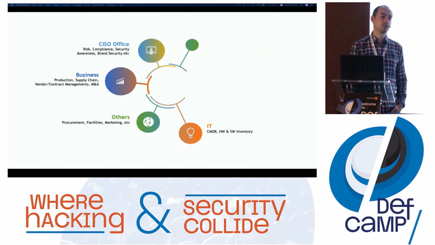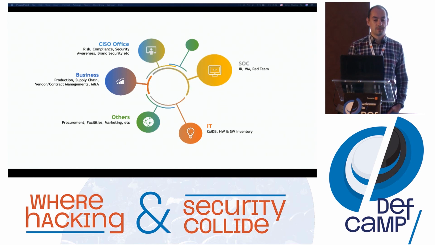You need to know what software and hardware you are using so that you know what to look after outside. And last but not least, I put it separately, SOC. IR data, incident response, vulnerability management, red teaming, and so on, depending on how your SOC is structured, can have huge input from your side or vice versa. In the middle, it's you, the threat intelligence person.